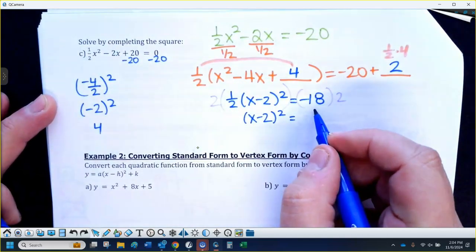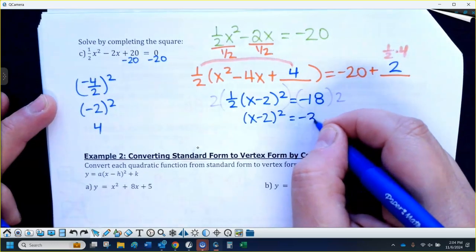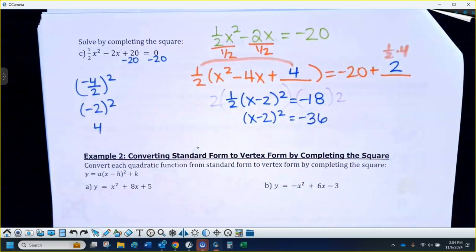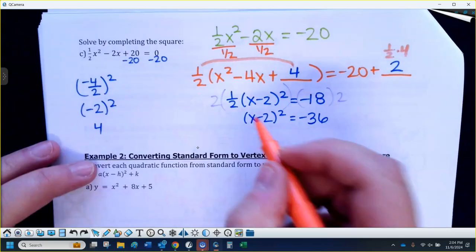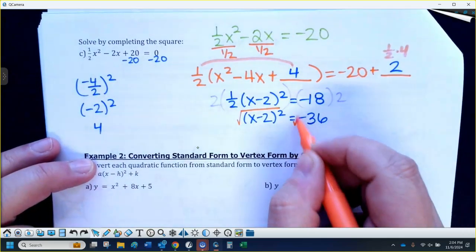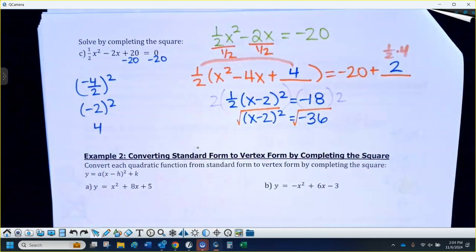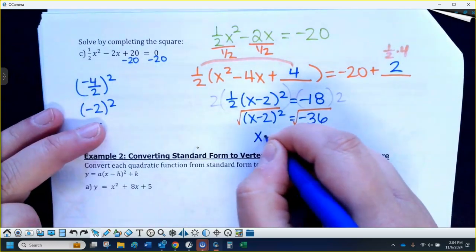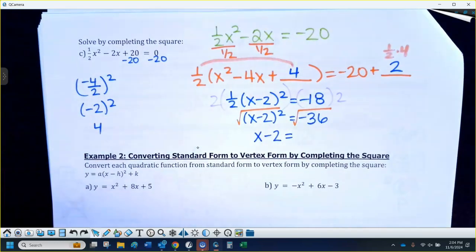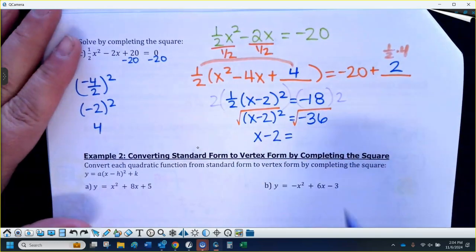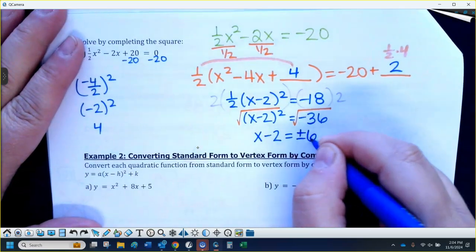Now negative 18 times 2 is negative 36. And this will be very nice for us because we're going to take a square root, and negative 36 is going to give us a nice answer. What would you write as the square root of negative 36? Frank, go ahead. Plus or minus 6i.